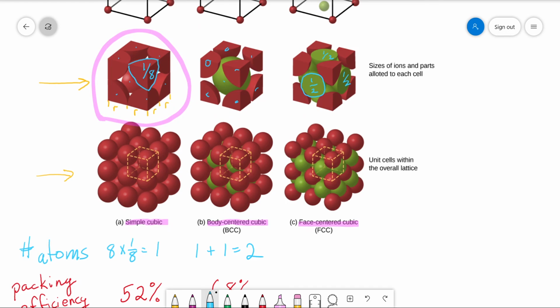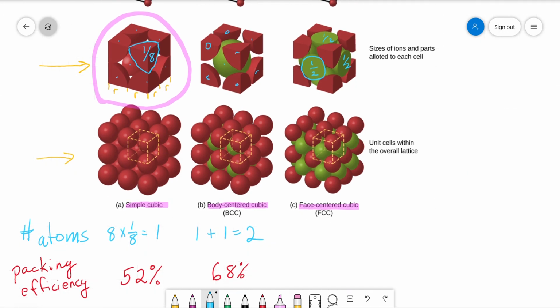And that's why it's called face-centered. It's like the face of the atom on the edge of that cube. So there are 6 of those. There's 6 sides to any cube. So 6 times 1/2, and then we also have our 8/8. So that's 1. So that gives us 4 atoms in this face-centered cubic.